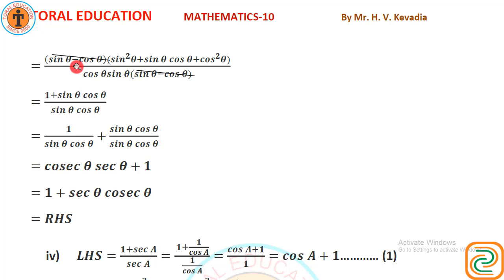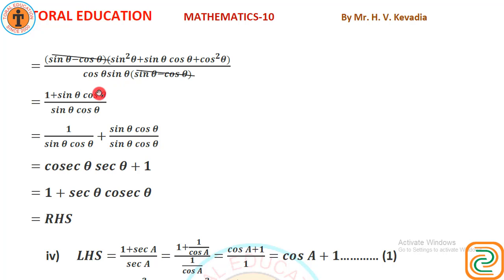Sin theta minus cos theta and sin theta minus cos theta will be cut off because they are in multiplication. If they are in multiplication and division, then only we can cut off. So what remains? Here it is sin square theta plus cos square theta.